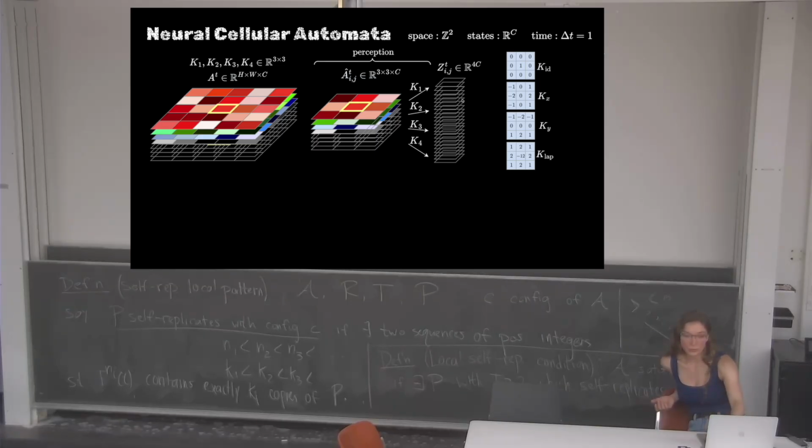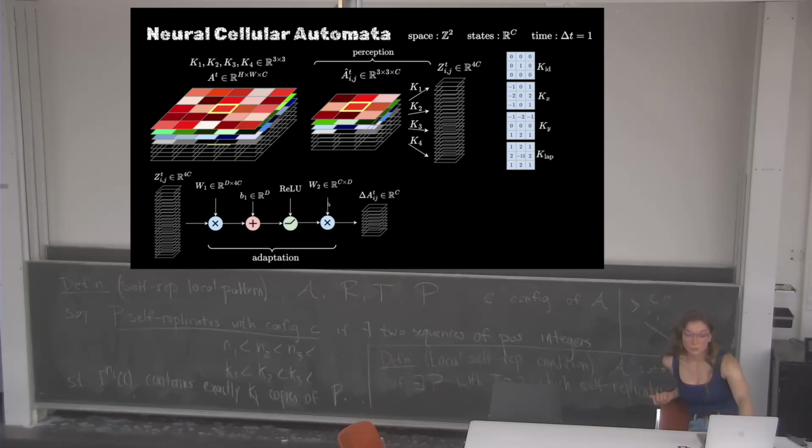And now what do we do with this vector of the values we have aggregated? We do the so-called adaptation phase, where we just pass it through some matrix multiplication, we add some bias, we apply some nonlinearity, in this case ReLU, we do another matrix multiplication, and we obtain a vector of the exact dimension we need, which is a vector in R to the C. But this will not determine the actual value of the cell.